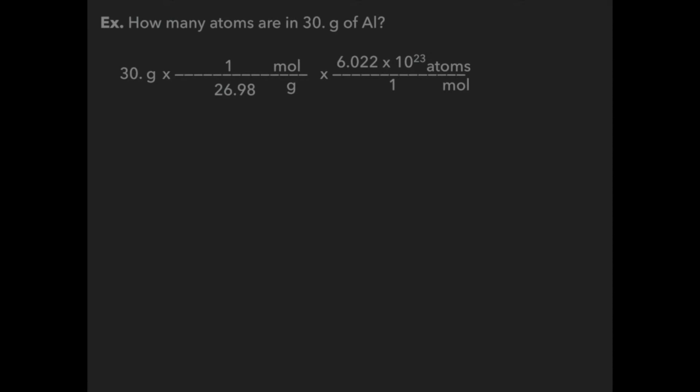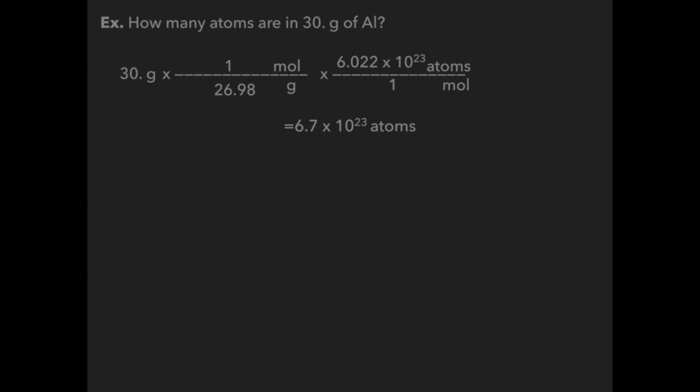The last step is to figure out the math and how many atoms there are. I'm going to take 30, divide it by 26.98, and then multiply by Avogadro's number. And what I get, rounding to 2 significant figures, is 6.7 times 10 to the 23rd atoms.